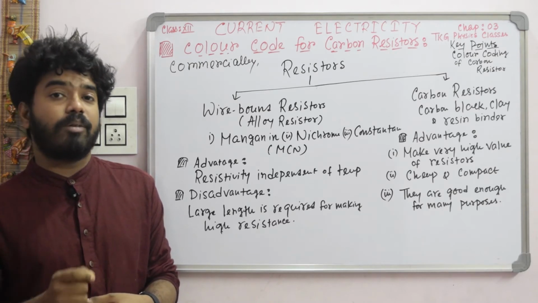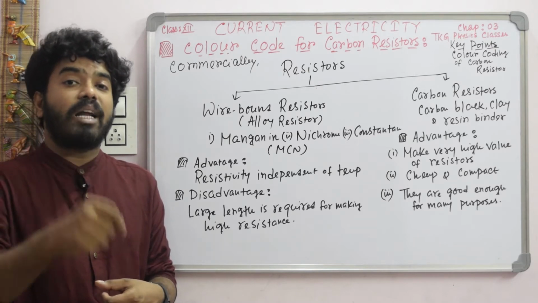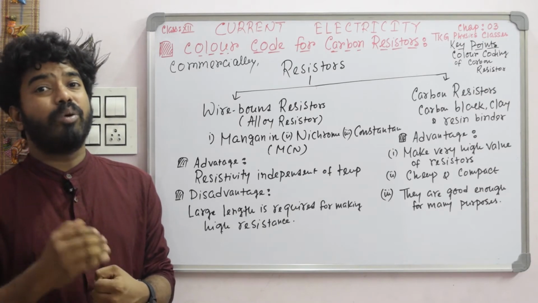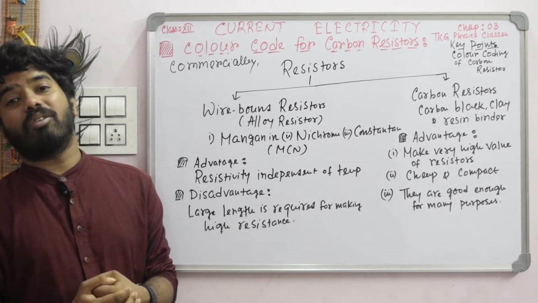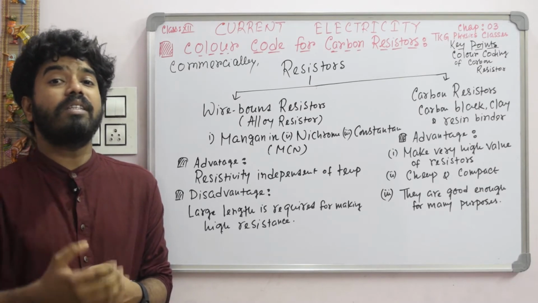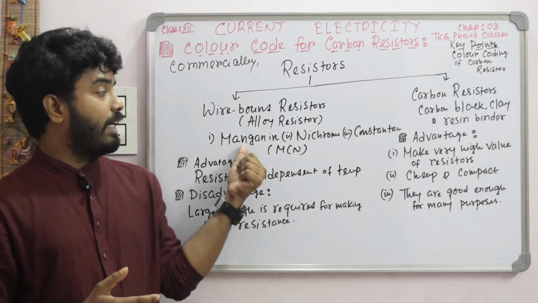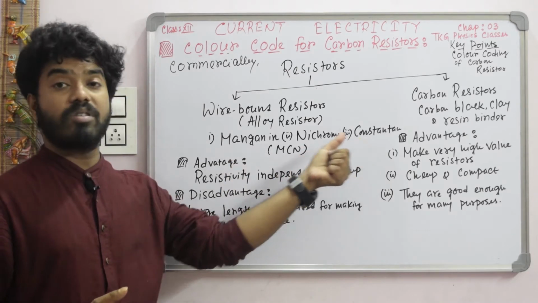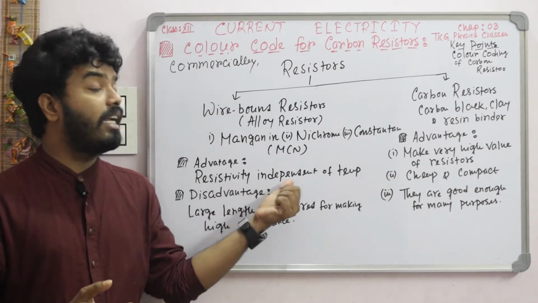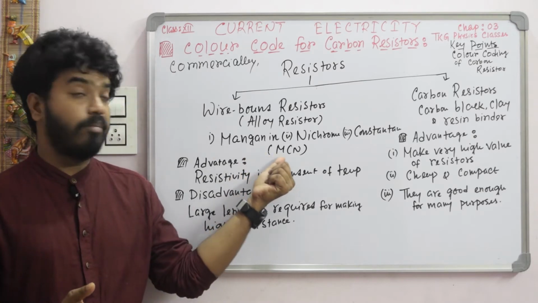So for this purpose, to get the value of current perfect, we have to use materials whose resistivity has no dependence on temperature. These types of alloys are manganese, nichrome, and constantan. This type of alloy has a special property, that is resistivity independent of temperature. So this is the advantage of using MCN.